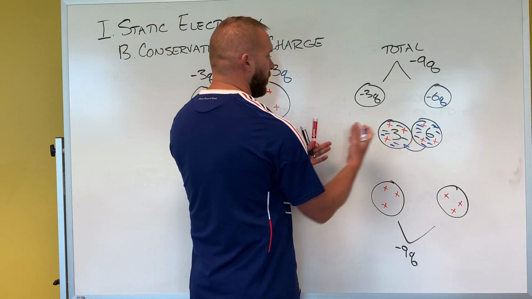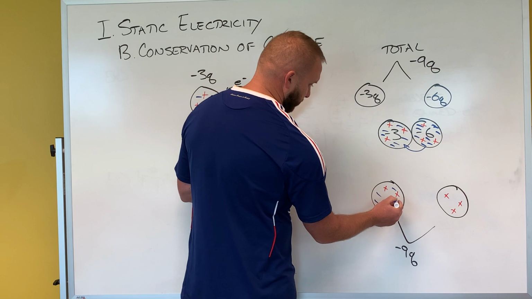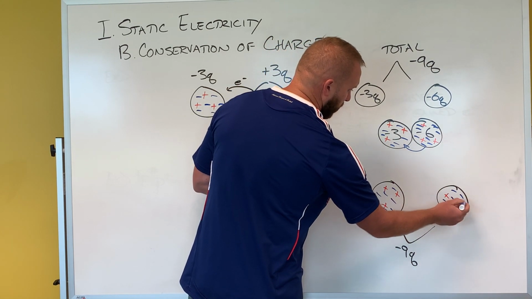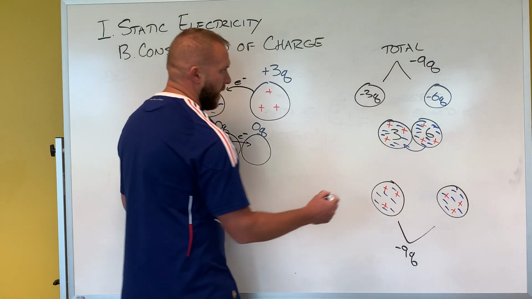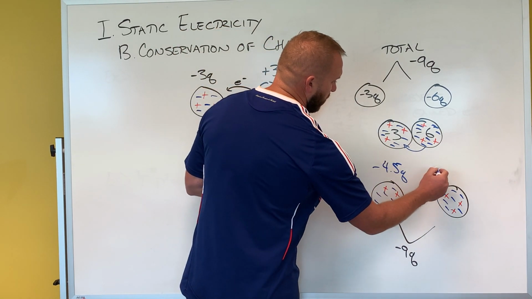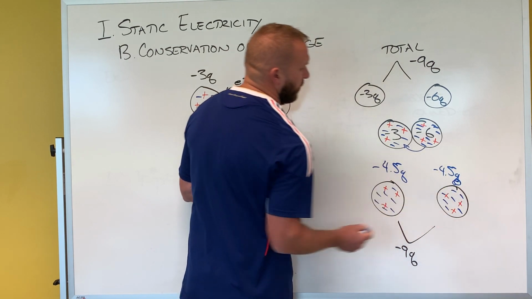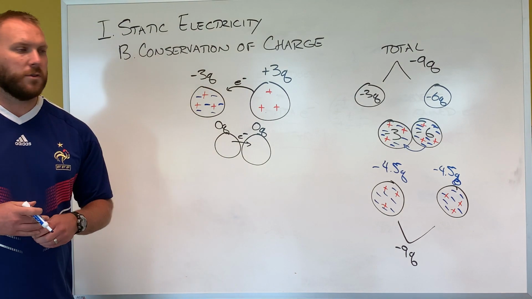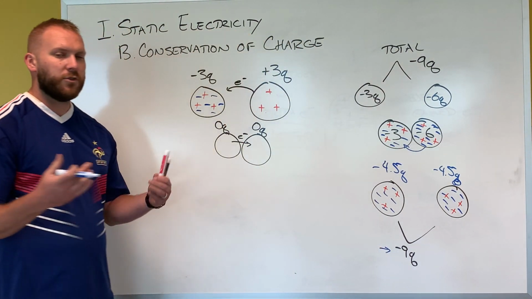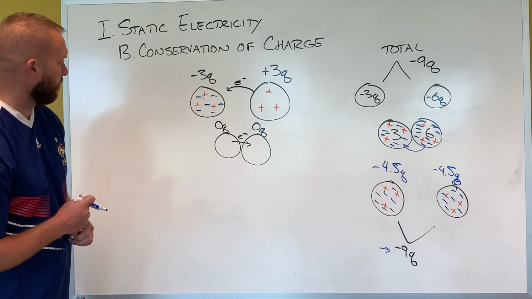So electrons are going to get over here, and we could have negative 4.5 Q and negative 4.5 Q. That's going to give you still a charge total of negative 9 coulombs. So the charge can be conserved even though charge is transferred, okay?